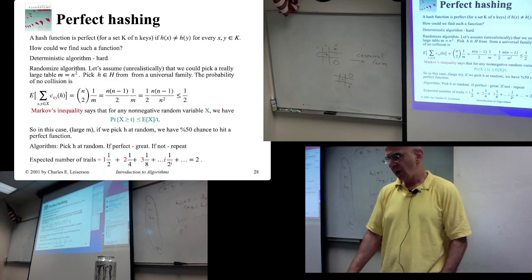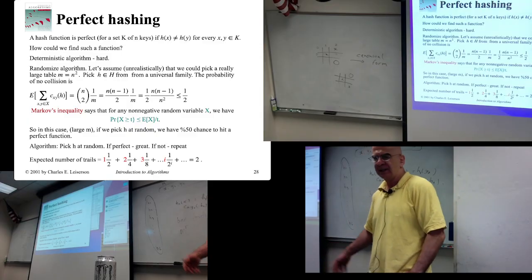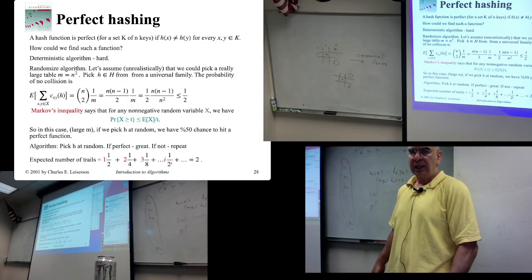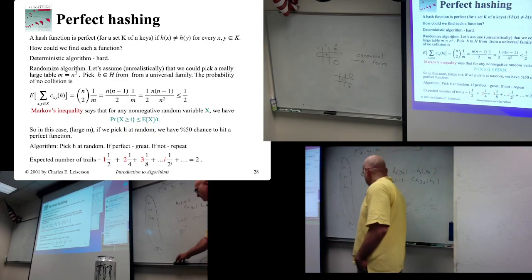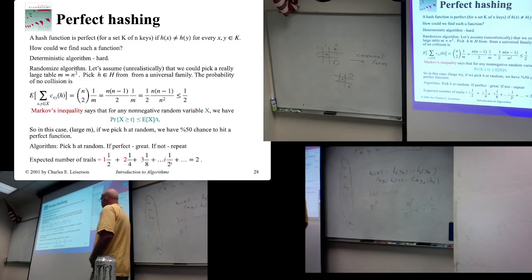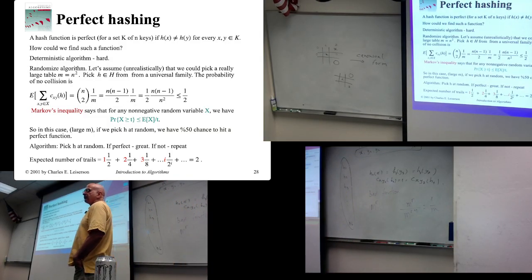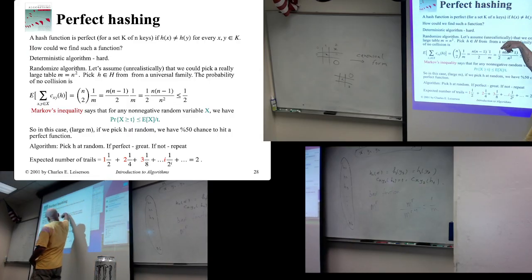So how can I use the universal families to create a hash function with no collisions at all? Here is my first attempt. I tried to think of a deterministic algorithm, but it turns out to be much more complicated. So instead, I'll go for a randomized approach.